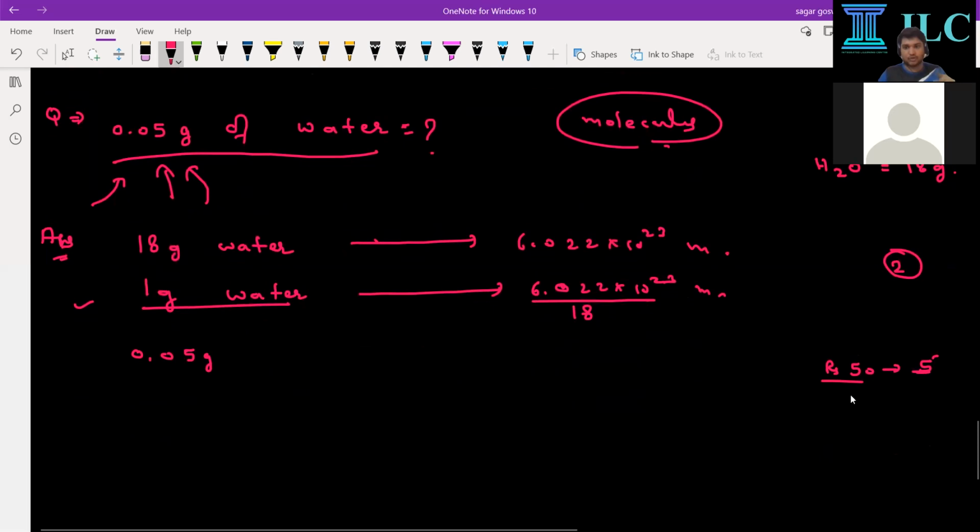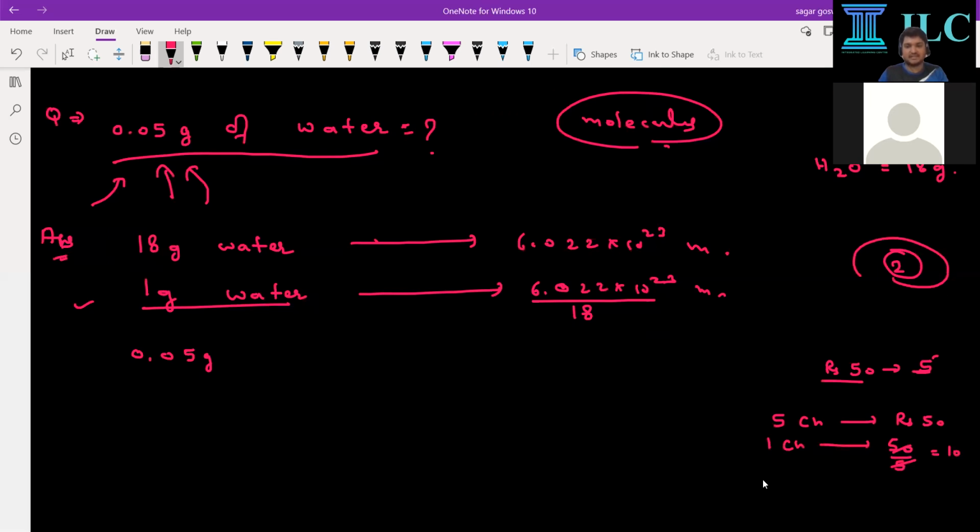So can we say that 5 chocolates rate is 50 rupees? So for 1 chocolate, it is how much? 50 divided by 5 you have to do, 10 rupees. So for how many I just asked? 2. So will you divide or multiply? Multiply, then you will get 20. That's why 2 chocolates is 20.